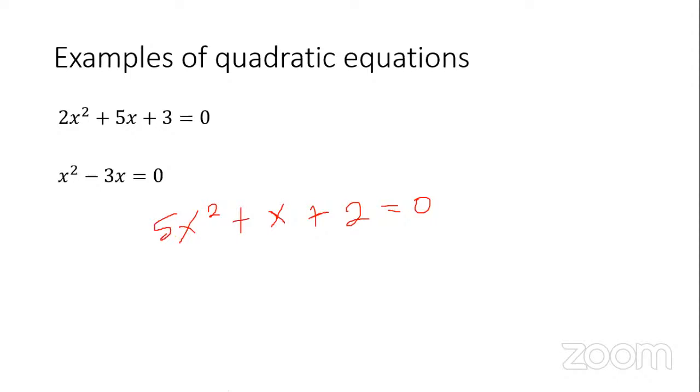Wycliffe? Monique? Yes, it is 3x squared plus negative 4x equals 0. Okay, thank you.